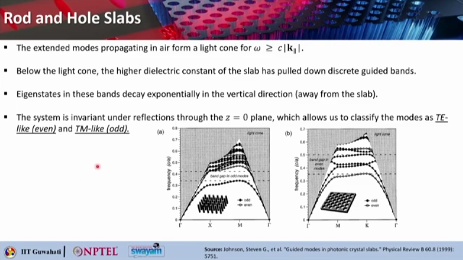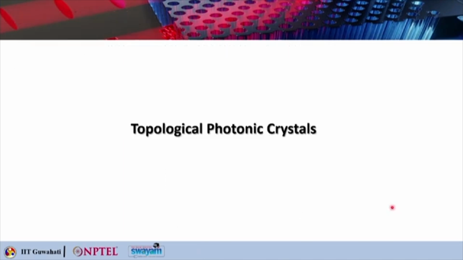The system here is invariant under reflections through the z equals 0 plane, and thus it allows us to classify the modes as TE like, which we can also call even, or TM like modes, which are named odd modes in this case.